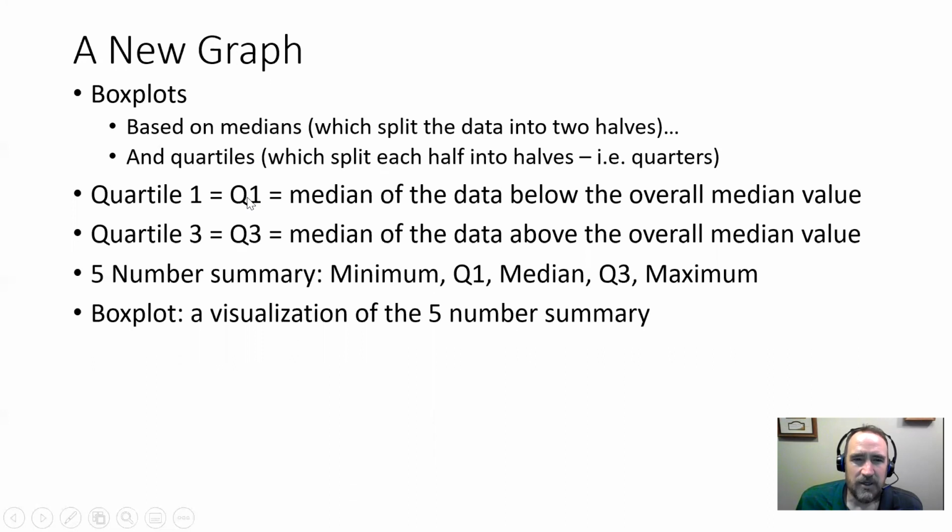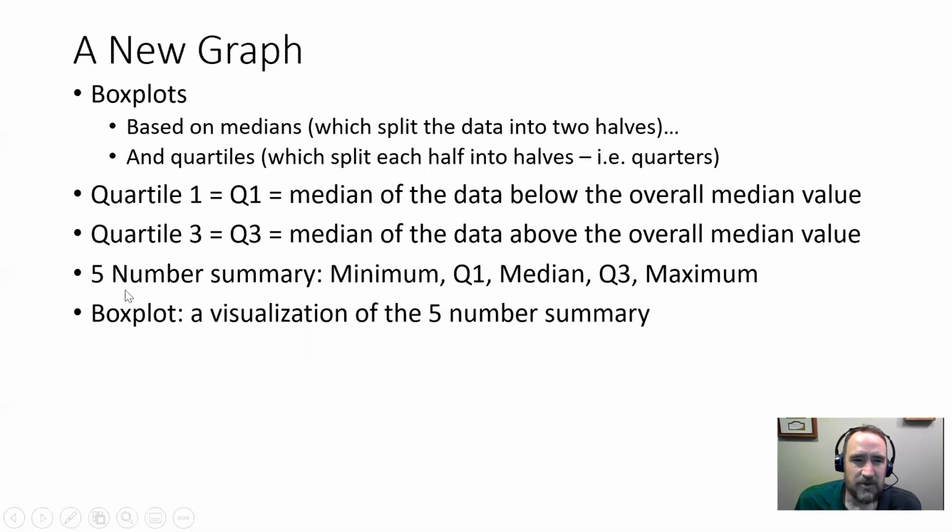So quartile 1, Q1, is the median of the data below the median, the overall median, so the lower half of the data. And quartile 3, Q3, is the median of the upper half of the data above the overall median. And if we summarize the data by looking at the overall median, quartile 1, quartile 3, that splits the data into 4 different sections, quarters.